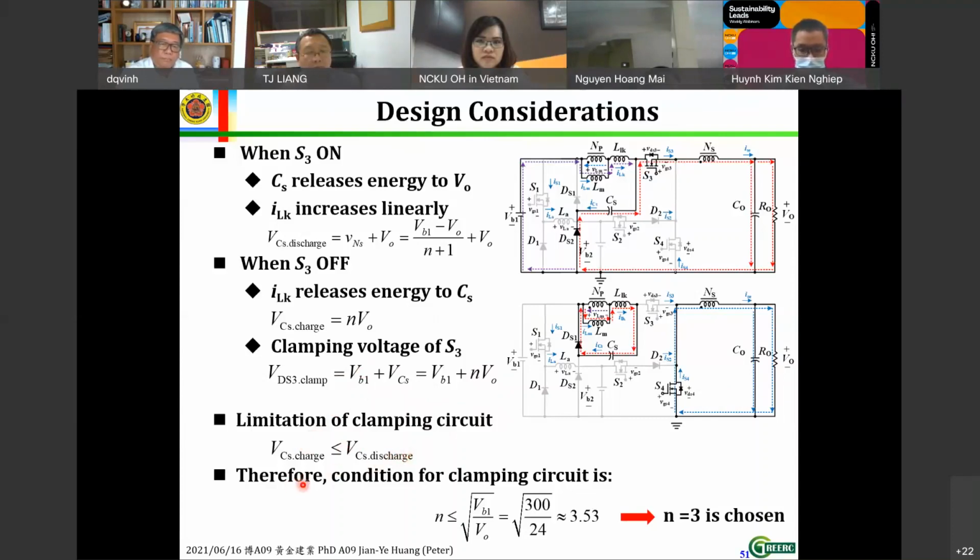So the condition for this clamping circuit can be derived by this equation. N will be smaller than VB1 over VO, so it must be smaller than 3.53. So N equal to 3 is chosen.